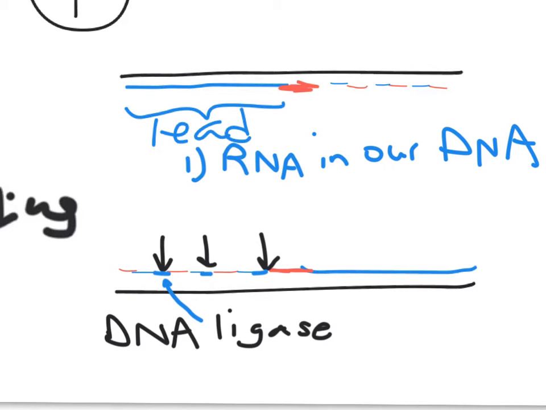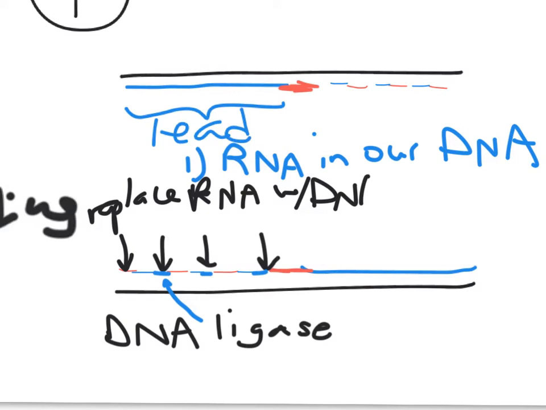There's RNA in our DNA. What enzyme takes care of that issue? Something comes in and gets rid of the RNA. We have to replace RNA with DNA. Polymerase 1. This is a different DNA polymerase, and I don't require you to memorize the different polymerases and what they do, so don't worry about that.